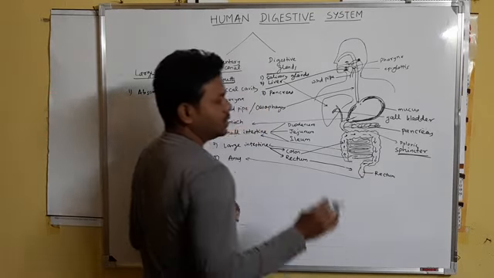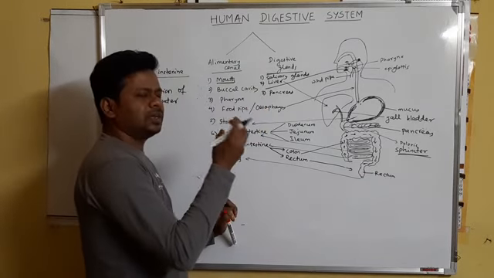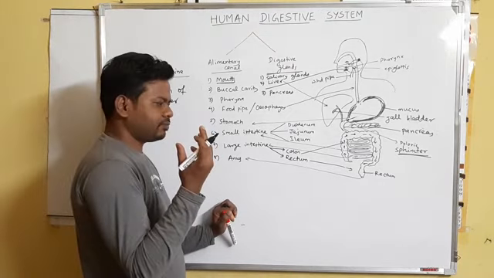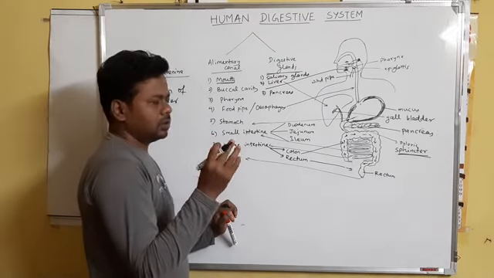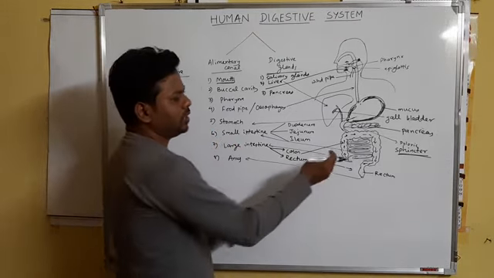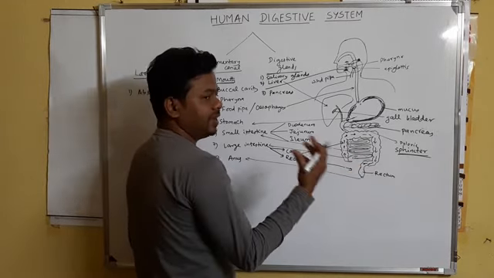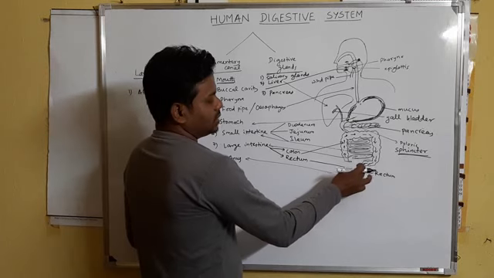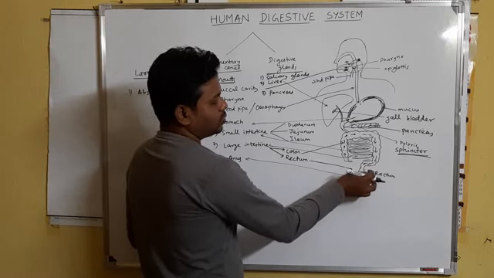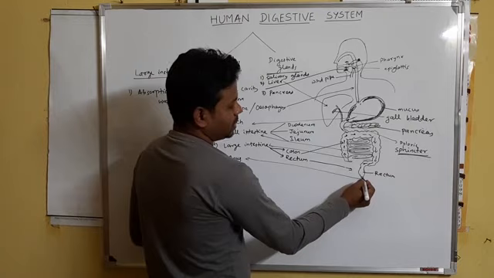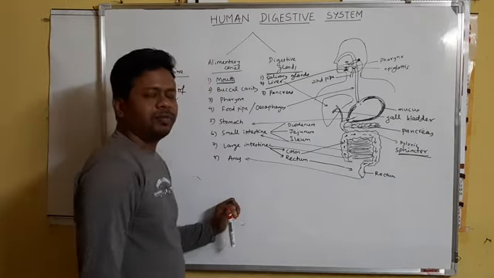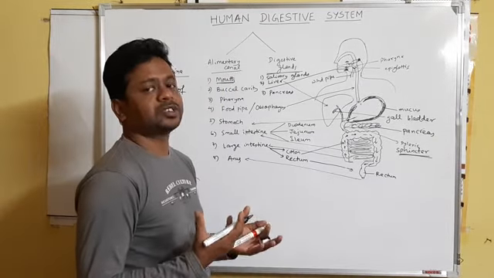And in the rectum, that food is now waste food, because all the important things are absorbed, so that becomes the feces. That food is temporarily stored in the rectum, and finally it passes through the anus in the form of feces, which we call stool.